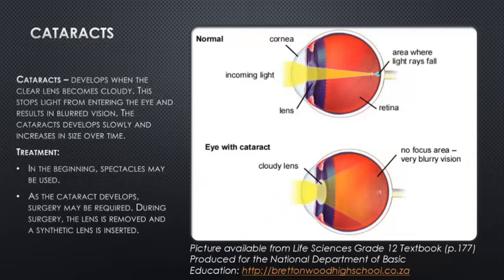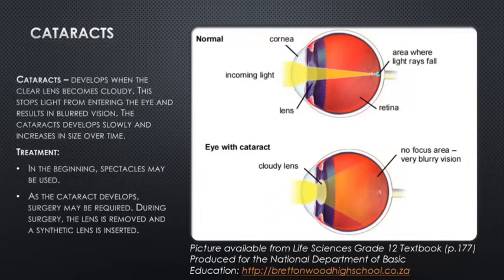And then cataracts develop slowly, and increase in size over time as well. Actually, it happens in people who are older. It's common in older individuals rather than the younger ones, okay?